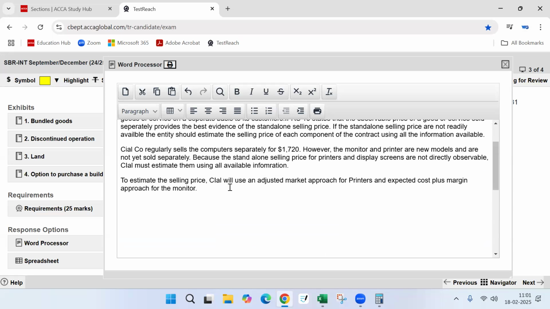Right? So now we need to explain what is adjusted market approach. So the adjusted market approach focuses on the amount which the entity believes the market to which it sells goods or services is willing to pay for a good or service.